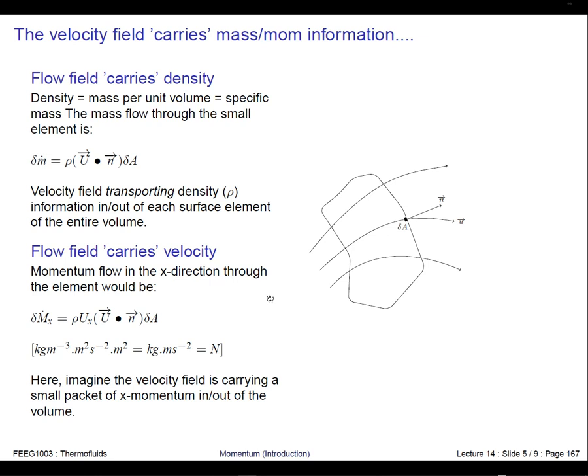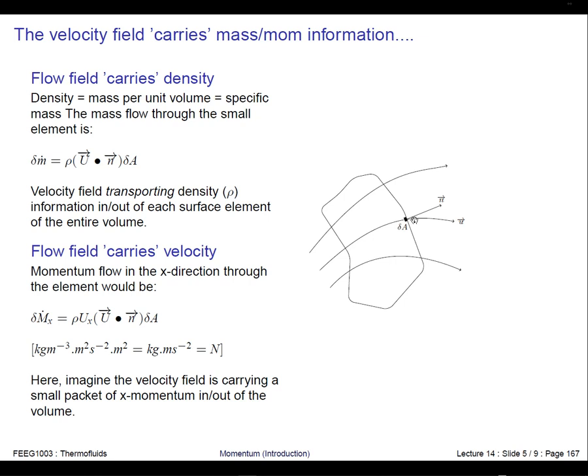Okay, so we can do the same thing and just change the thing that is being convected. So we can define an elemental momentum flux through our little tiny area dA. We still have our velocity field, this u, and our velocity field can carry some momentum.